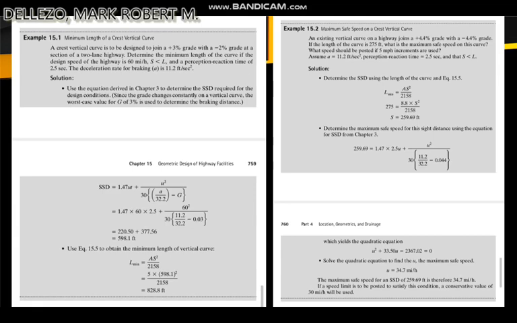Assume that a is equal to 11.2 feet per second squared, the perception-reaction time is 2.5 seconds, and that the sight distance S is less than L. So the solution is this. The continuation is in this part.